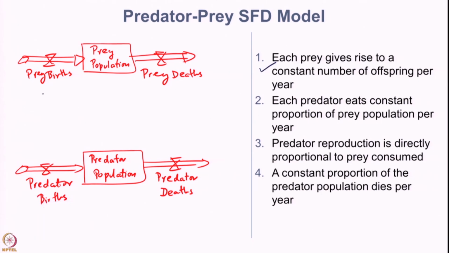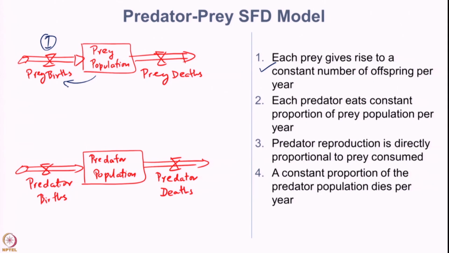Point 1 is covered here: the prey give rise to a constant number of offspring per year, or a constant proportion of offspring per year, that can be simply directly captured with some sort of relation like this between the prey population and the prey births.